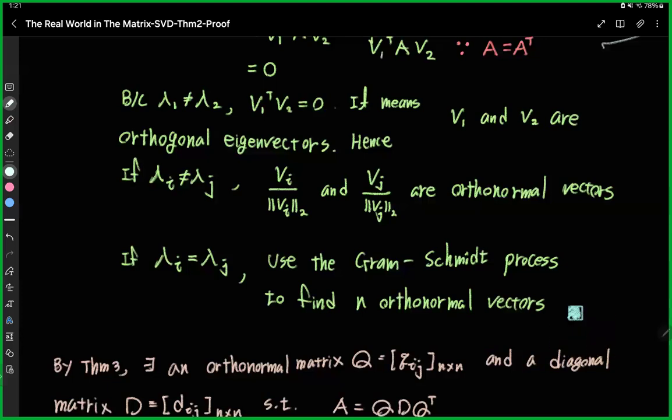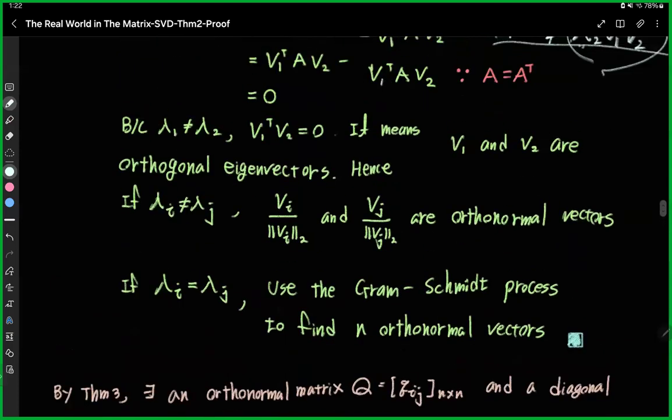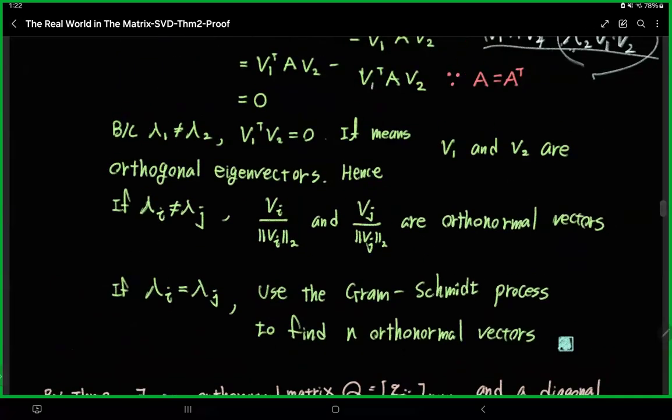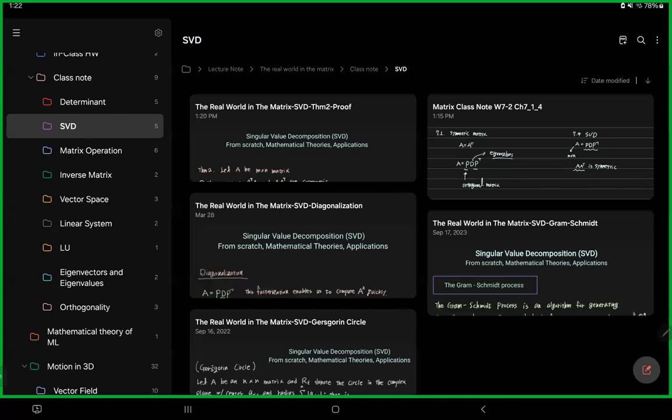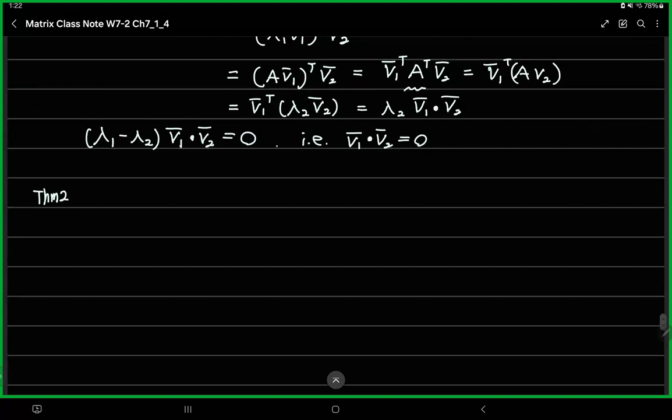I didn't explain in detail, but the proof in this case is exactly the same as the Gram-Schmidt process. We can build up the basis by computing projections, so that's also a Gram-Schmidt process. Back to here, I just proved theorem 2.